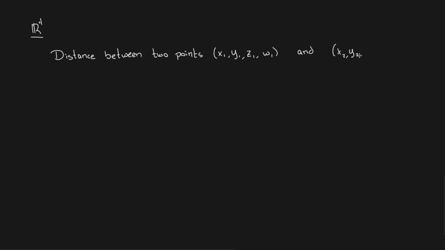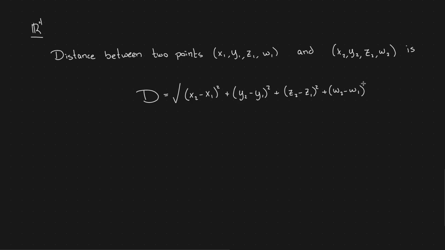So in R4, following the same pattern, the distance between two points x1, y1, z1, w1 and x2, y2, z2, w2 is d equals the square root, and all I do is take the squared difference between each pair of coordinates, and then add them together. And I take the square root.